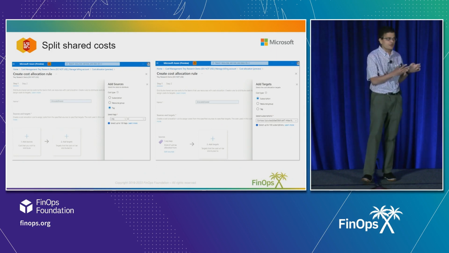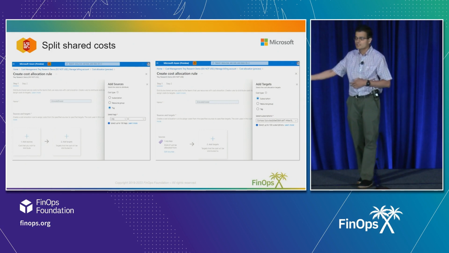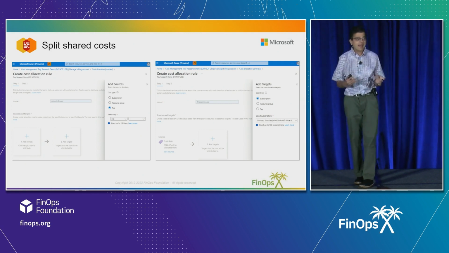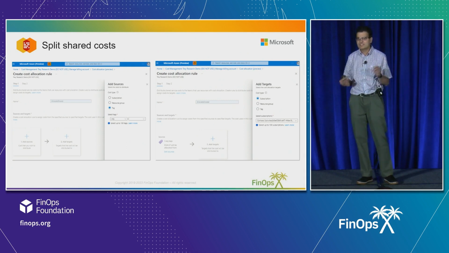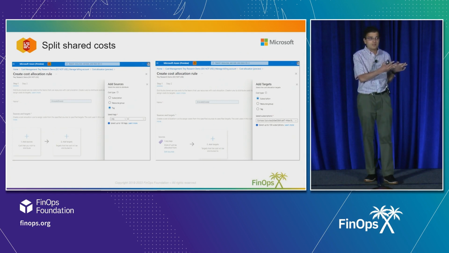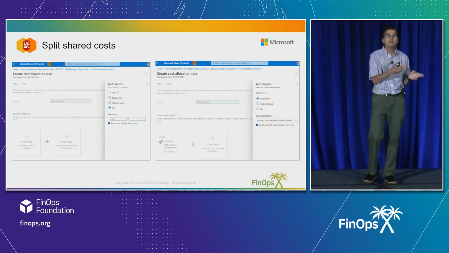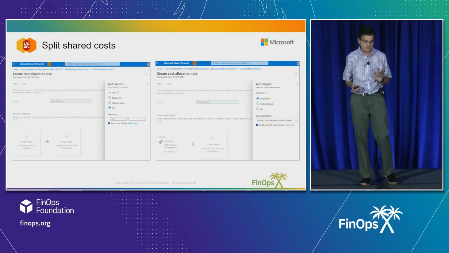For example, you could take subscription one's cost and allocate it to a different subscription or a resource group, or a cost from one tag and apply it to a different tag. This is basically proportionally dividing costs. If a subscription is shared between two different teams, you could take the cost of that subscription and allocate it back to the responsible teams.